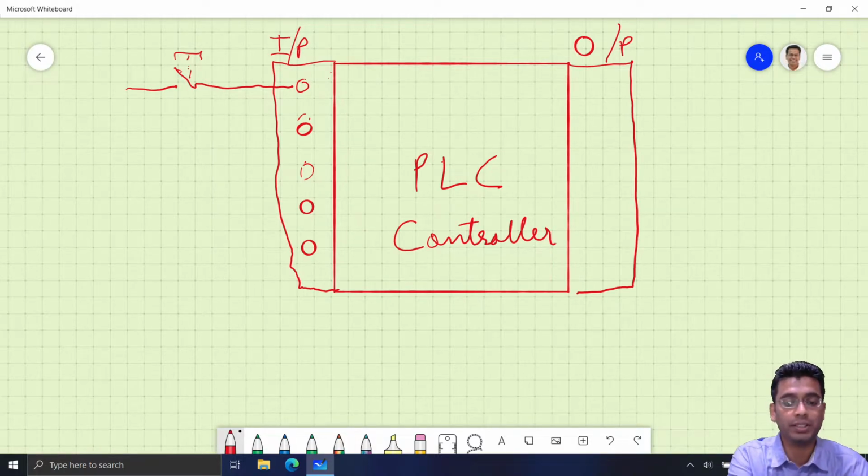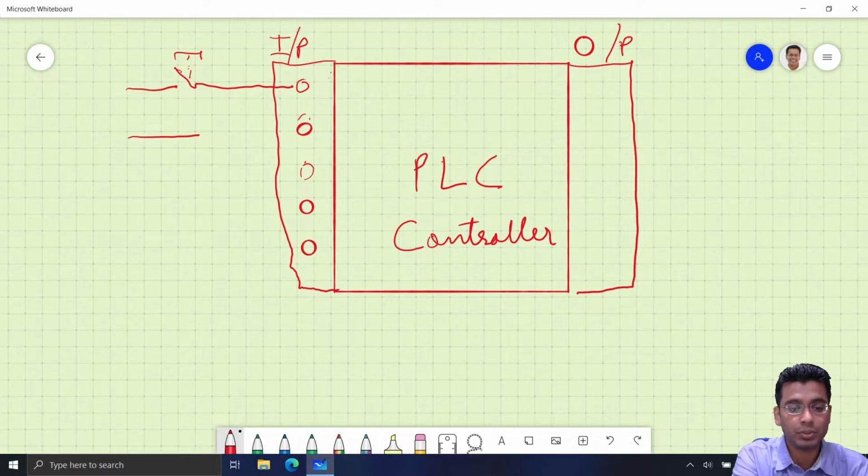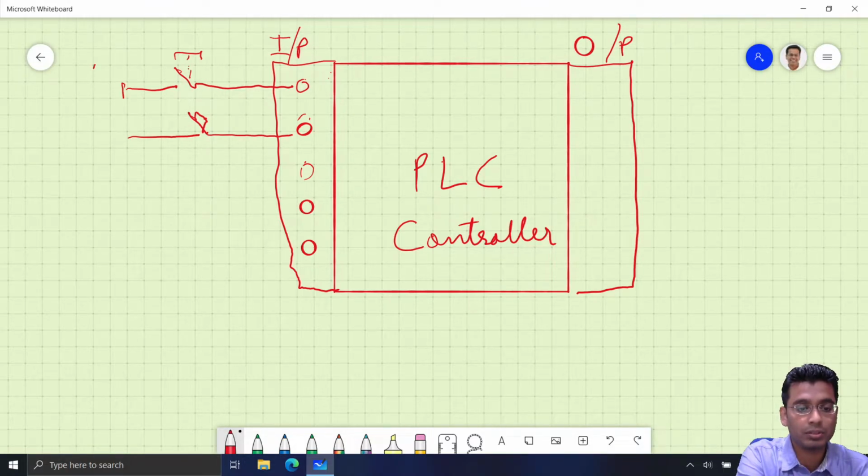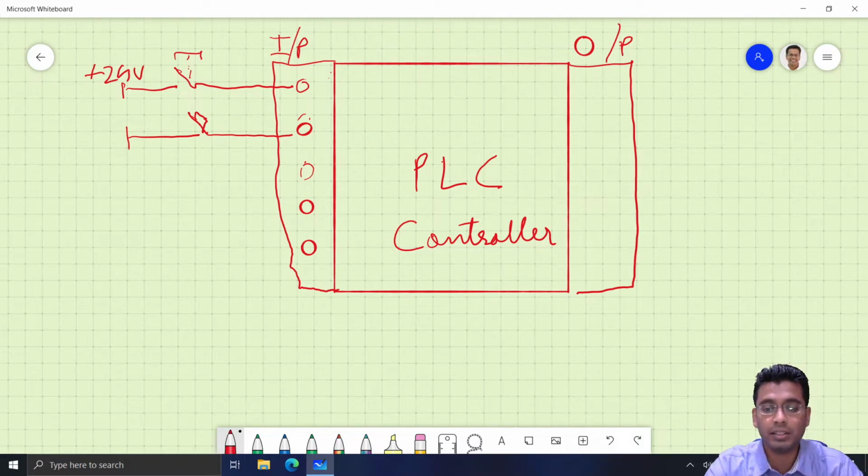push button here. In the other one, you can connect, for example, a roller valve. So these are all plus 24-volt connections here. And then you will also be having your output elements connected.